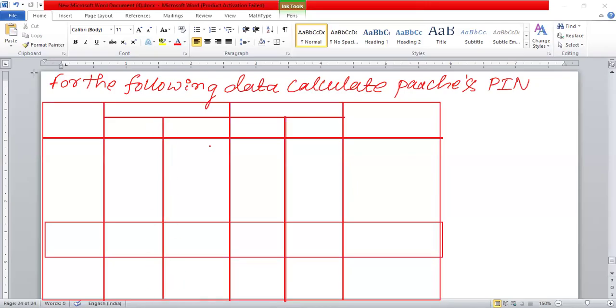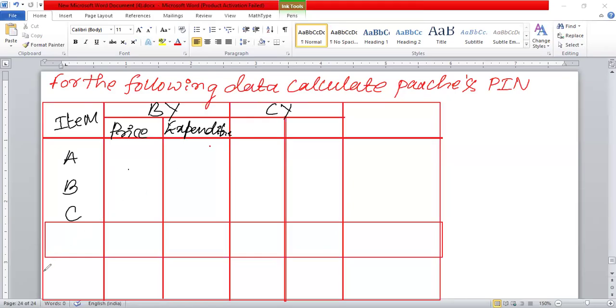Items A, B, C. Here, base year: the price is given, then the expenditure is given.